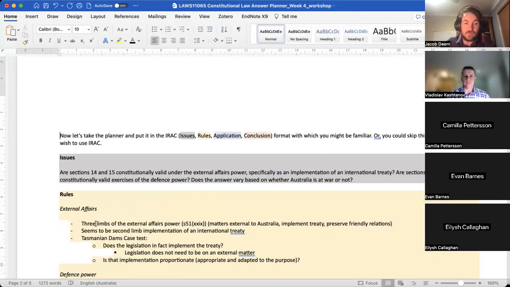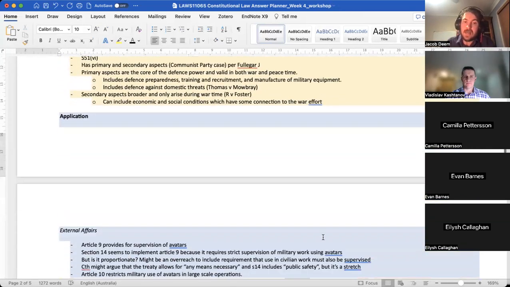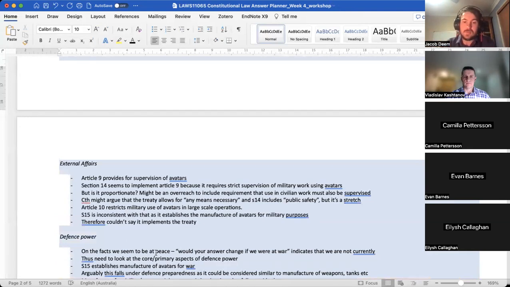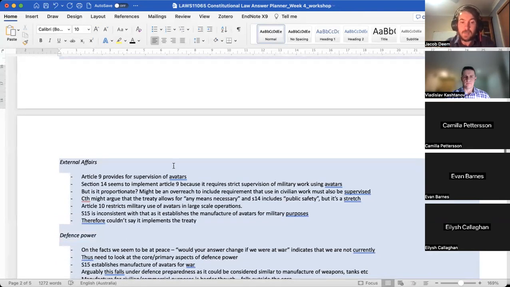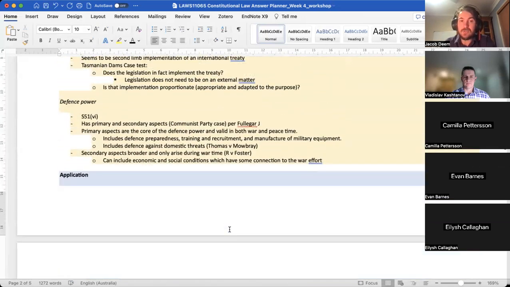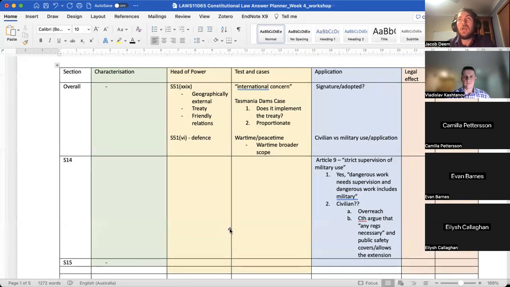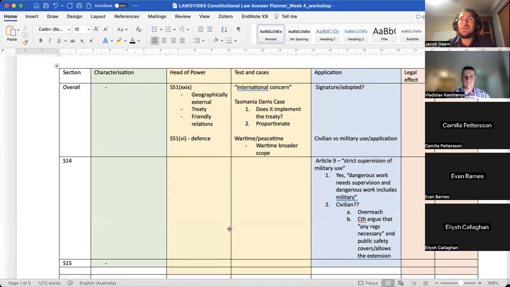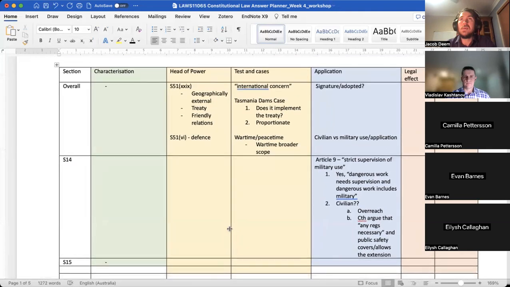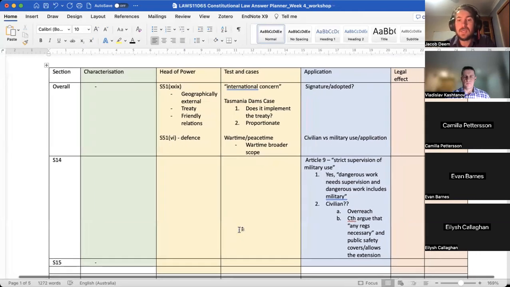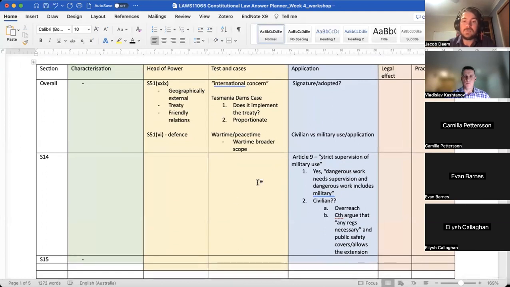Those are your rules. So setting out basically Tasmanian Dams in this instance and the important things that we need to be thinking about in relation to that. And then coming down to the application, the application sections themselves line up pretty well. So if IRAC is something that you find really useful and is a strategy that helps consolidate your thinking, you can use this table to help inform your use of IRAC as well.